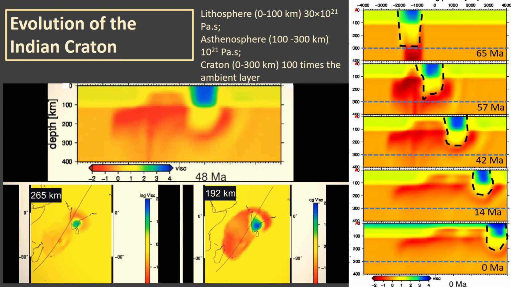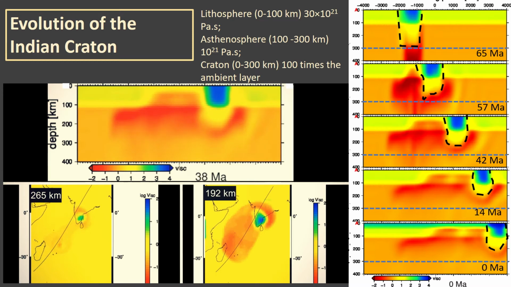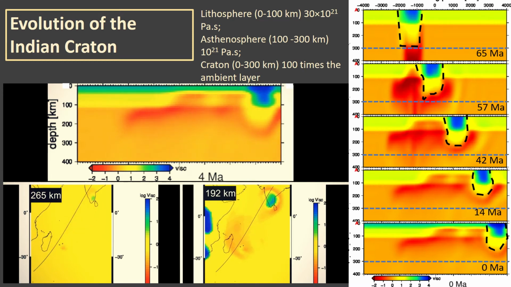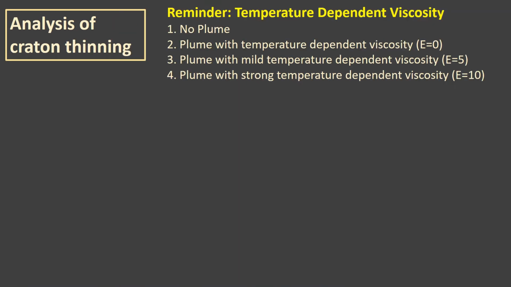And as we can see in this animation as well as in the snapshots, after 50 millions of years there is a significant thinning, and as we approach the present day, around 50 to 60 kilometers of craton has been eroded away. So we do our tests with different plume and temperature dependent viscosity.